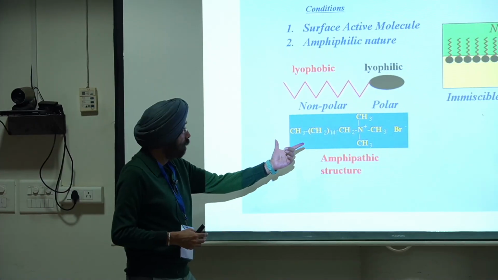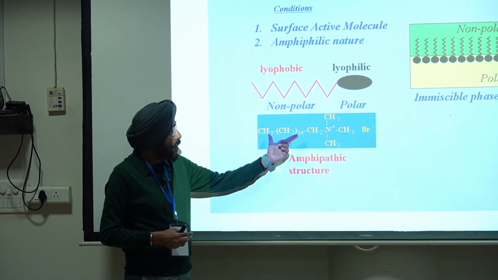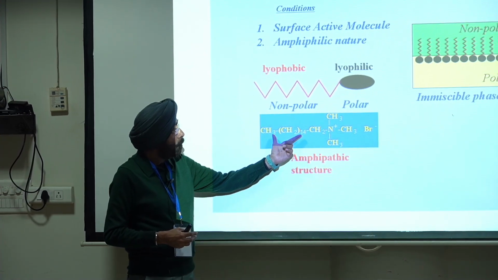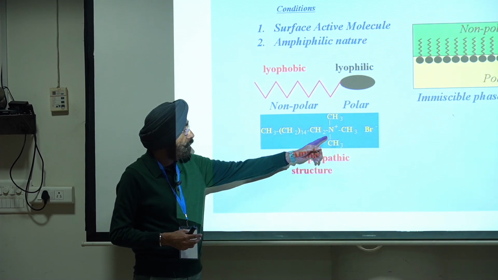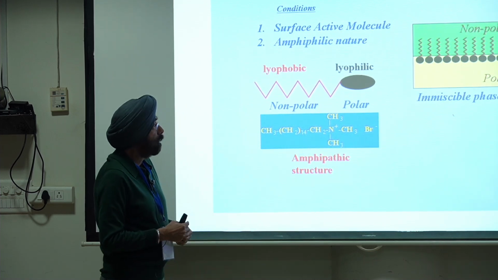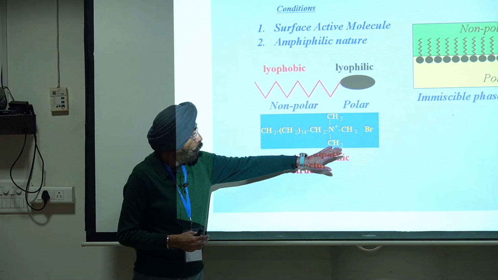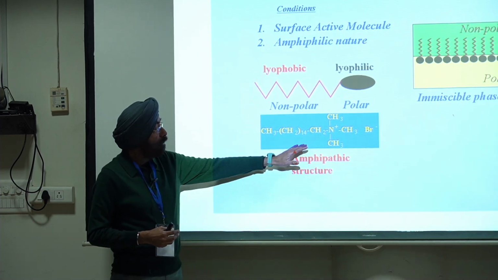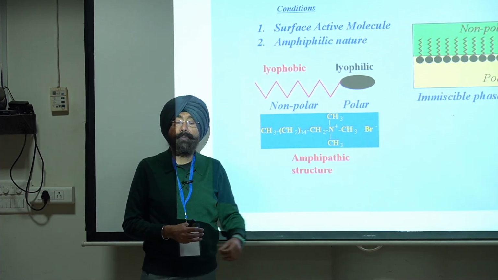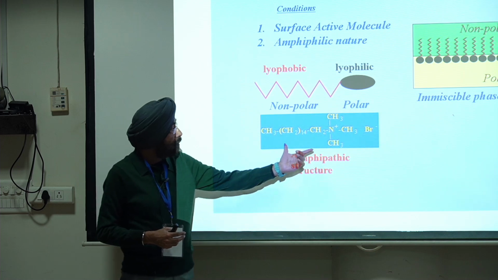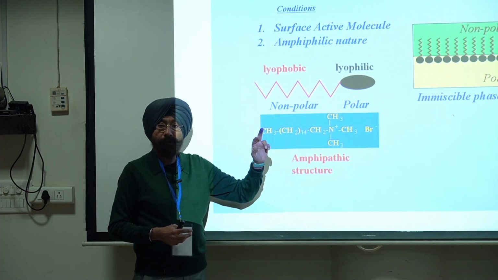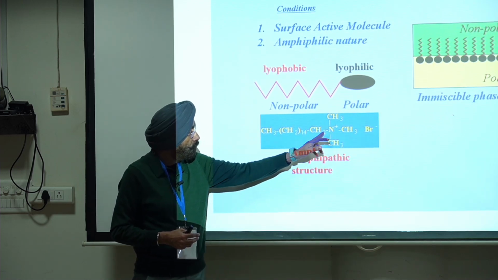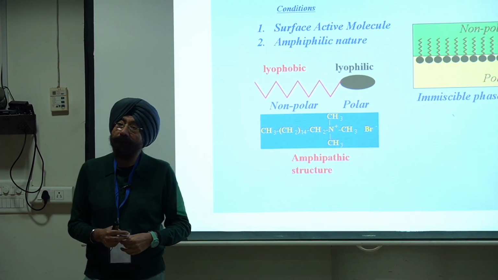Therefore, this functional group possesses predominantly non-polar character, whereas the head group possesses predominantly polar character. Overall the molecule is an ion. If you ignore the bromide, this cation possesses two functional groups. The one is the polar functional group, the other one is the non-polar functional group.